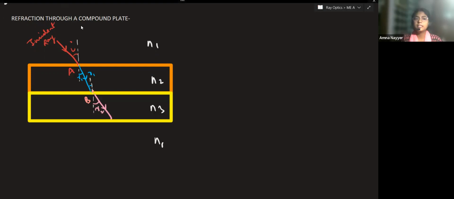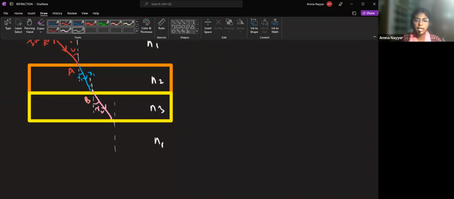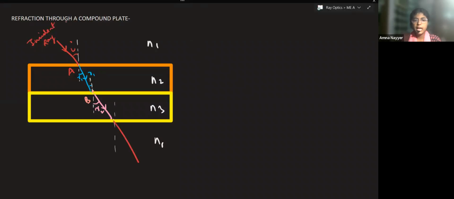Again it will strike the surface, so you will have a normal here. And ultimately this ray of light will escape, and this we call the emergent ray, and this is the angle of emergence.